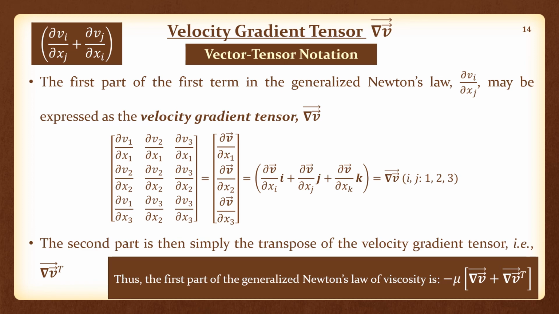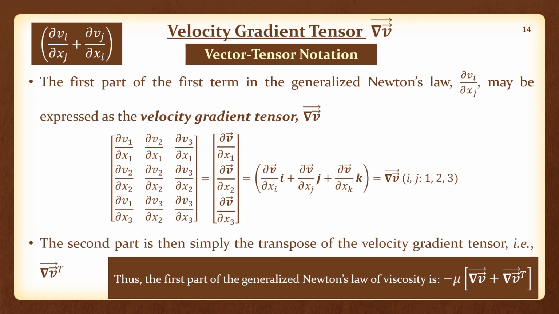So the first part of the generalized Newton's law of viscosity, which contained the sum of these two tensors in the top left box, is minus mu, which is a, into del v plus del v transpose.